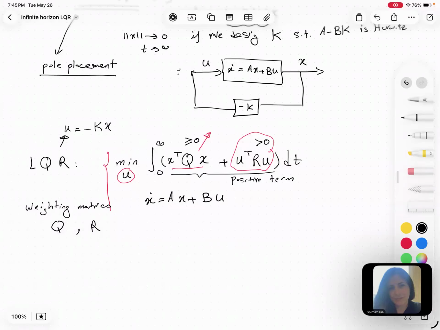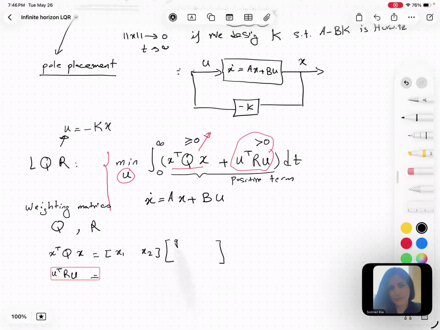So to see this, let's just pick a simple case where we have two states. Technically, for x transpose Qx and u transpose Ru, let's assume we have two states and two controls, just so we could see the dynamics of it. Q is a matrix, and often we use a diagonal matrix.